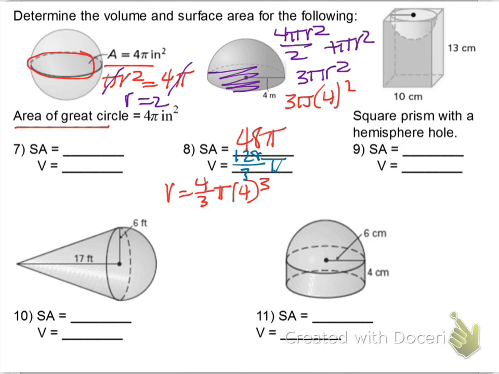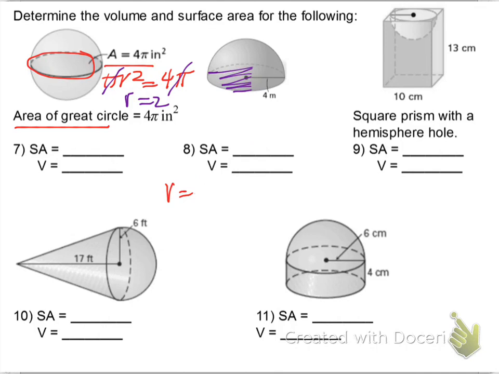Okay, we come over here to number 9, and I'm actually going to erase some of this so I have more room. So sorry if you still needed that. Just rewind. So we have this square prism. If it's a square prism, that means this base down here is a square. So it's 10 by 10. I know that for sure. With a hemisphere hole.